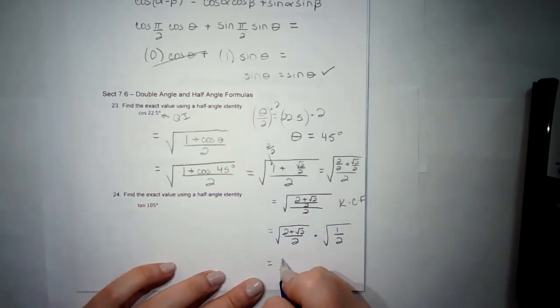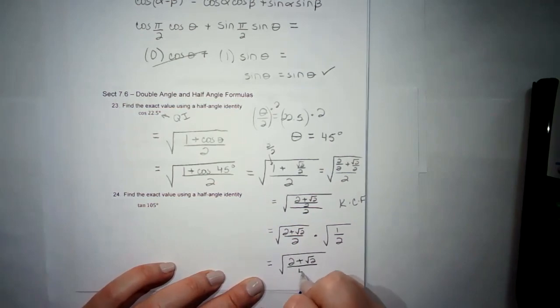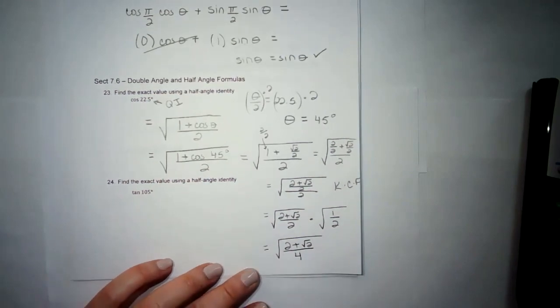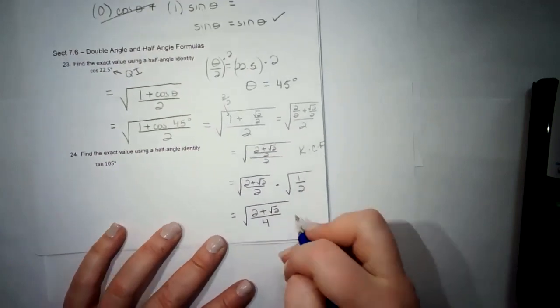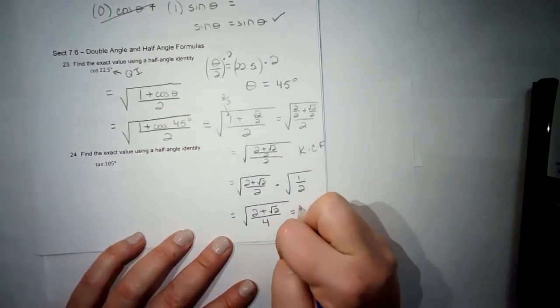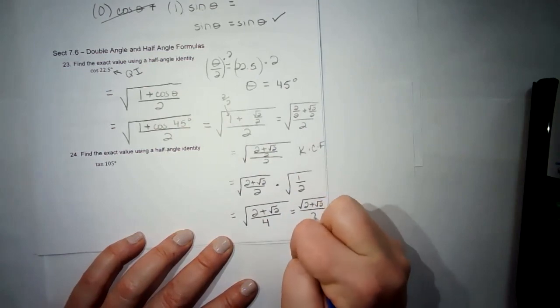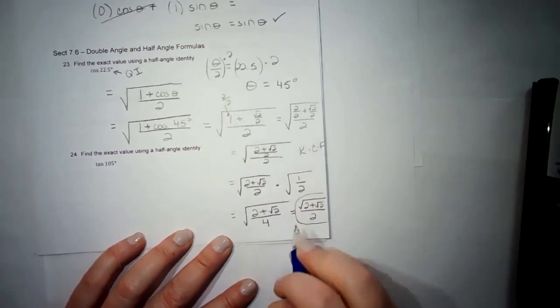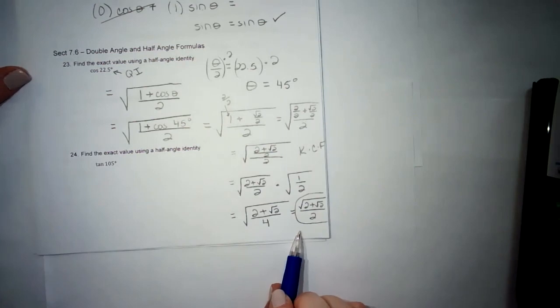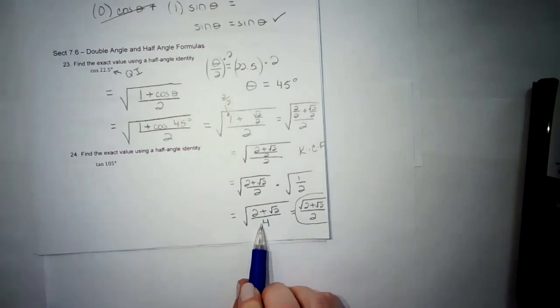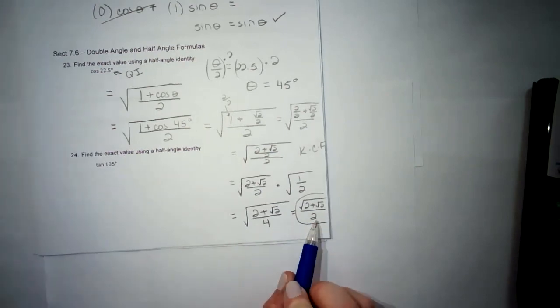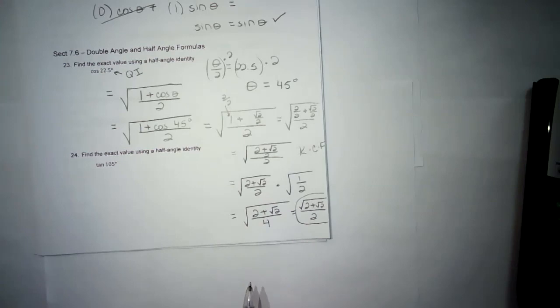So this is going to be 2 plus root of 2 over 4. I won't take off points if you leave it like that, but we do know the square root of 4 is 2, so this is actually the final correct answer. But if you leave it like this, I'm okay with that. I'm thrilled you got there. But this would be what we're actually looking for.